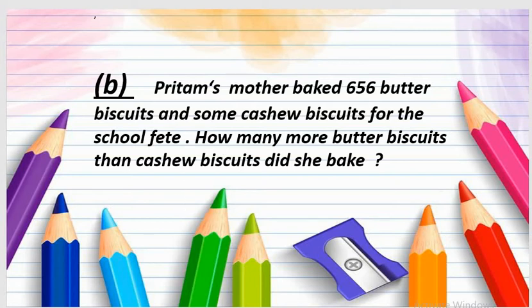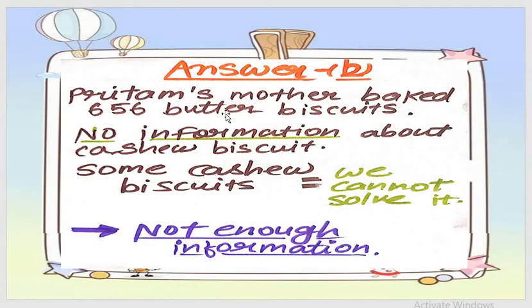So students, let's check the answer. How can we write the answer? First of all we write Pritam's mother. Okay students, it's like that because we don't have all the information. So what to do that time? We do not write a sum only, but we write all the information or details.